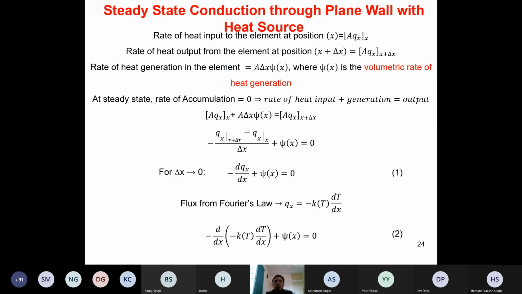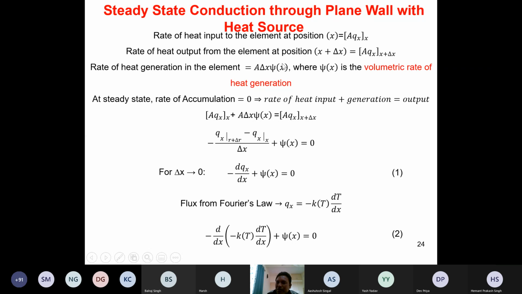The rate of heat input to the element at position X will be area into the flux qx at the location X. Similarly, the rate of heat output from the element at position X plus delta X is going to be A qx at the position X plus delta X. And the rate of heat generation in the element is given as A delta X, that is nothing but the volume, into psi.